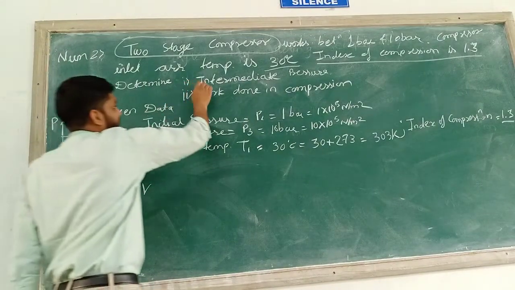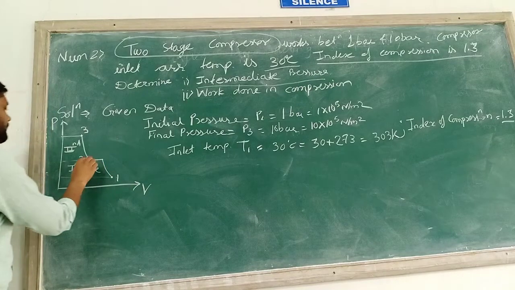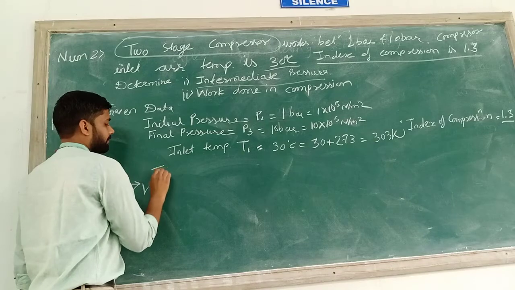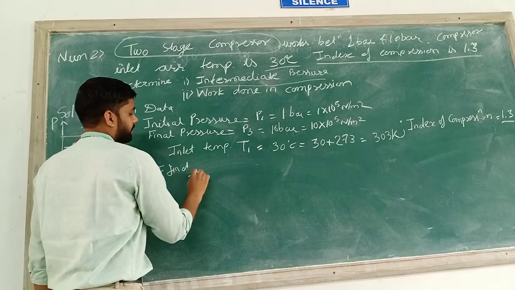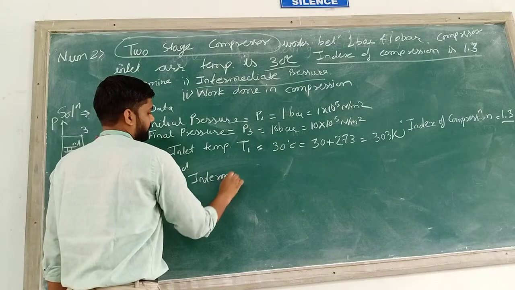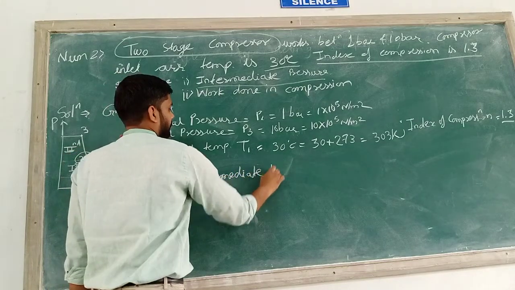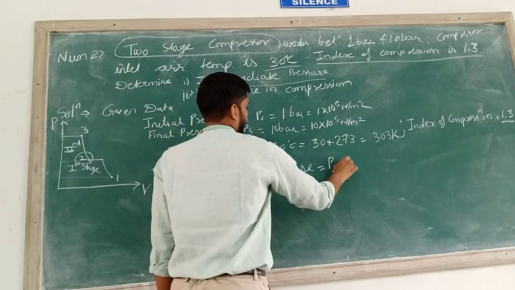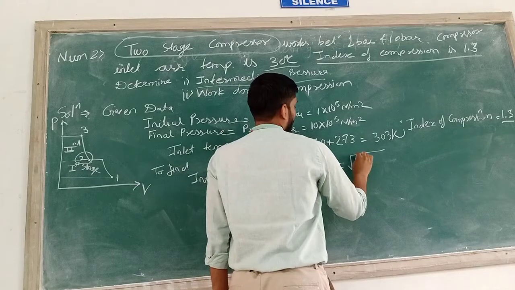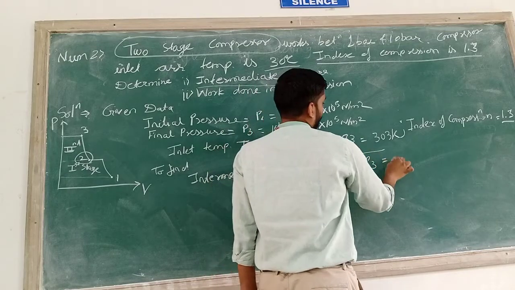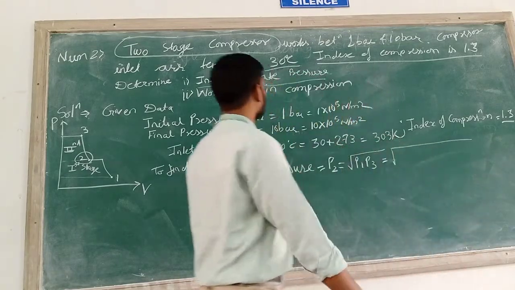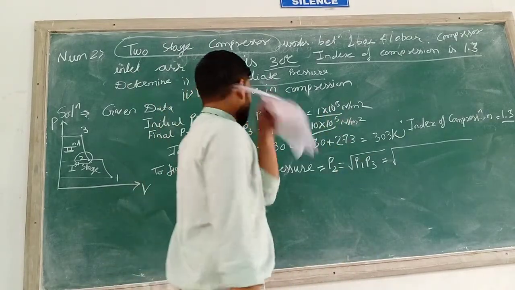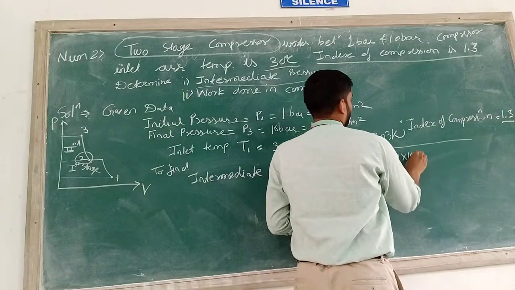Now we need to calculate the intermediate pressure. To find the intermediate pressure, represented by P2, the formula is the square root of P1 times P3. So, writing the values of P1 and P3: the value of P1 is 1 into 10 to the power 5, and the value of P3 is 10 into 10 to the power 5.